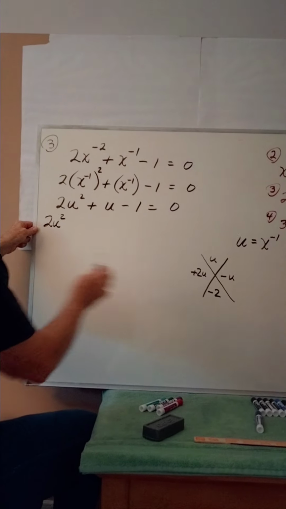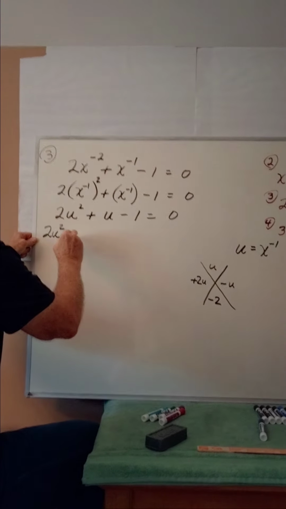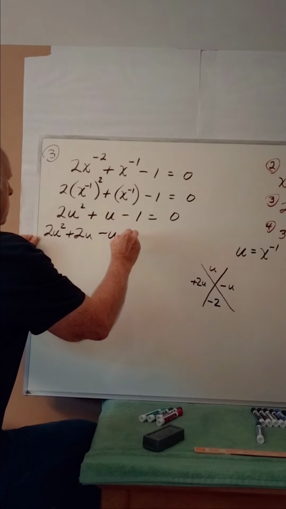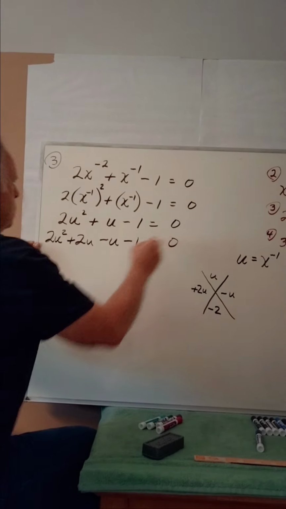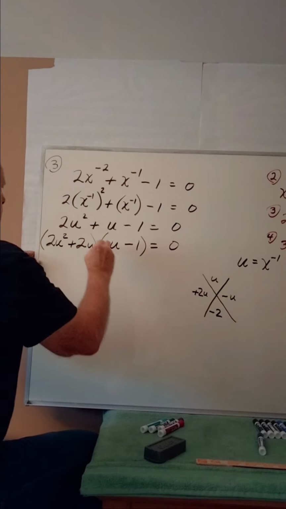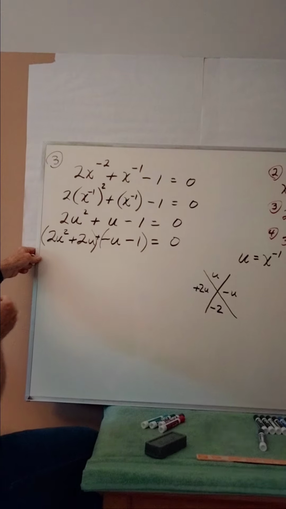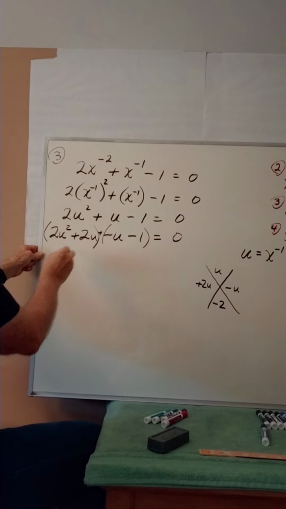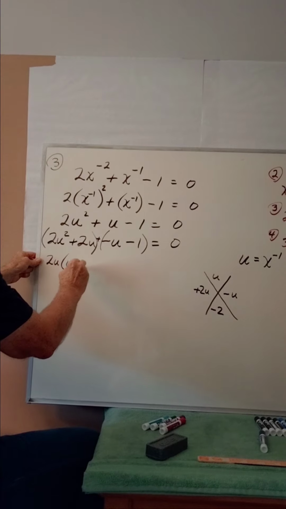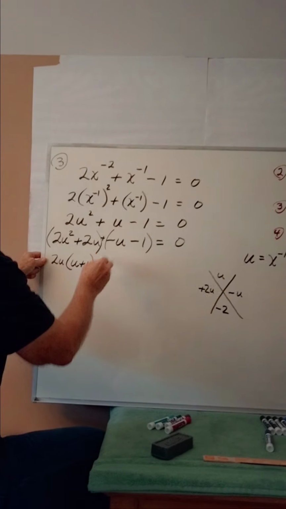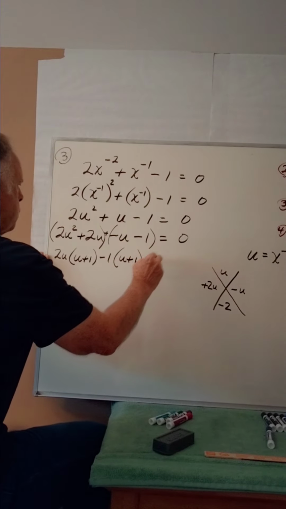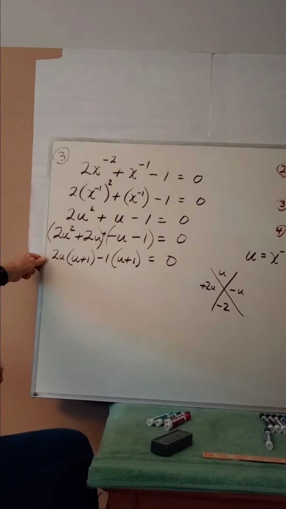2u squared plus 2u minus u minus 1 is equal to 0. Let's tuck the front pair, tuck the back pair, slip a little addition sign in there, pull out the GCF of 2u, and that'll leave us with a u plus 1. Pull out a negative 1, and that'll leave us with another u plus 1 is equal to 0.